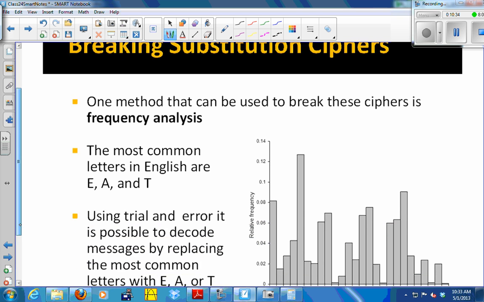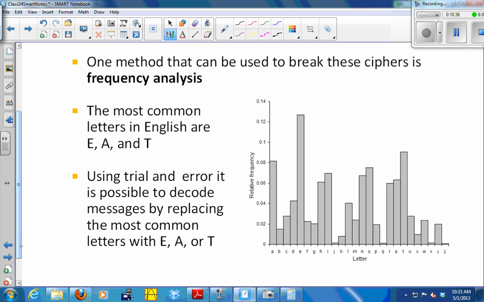Because one thing about the English language and most other languages is that some letters are used more often than others. Right? So the most common letters in English are A, E, and T. This is a table where each letter of the alphabet is ranked in how often it's used. As you can see, E is by far the most frequent letter used in the English language.